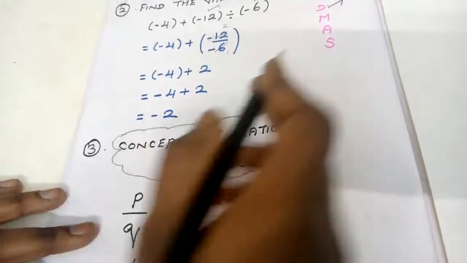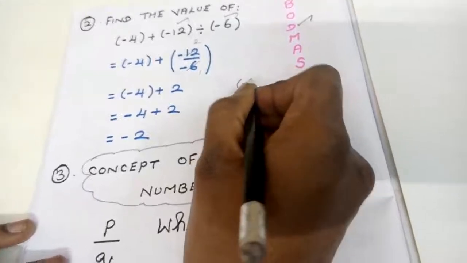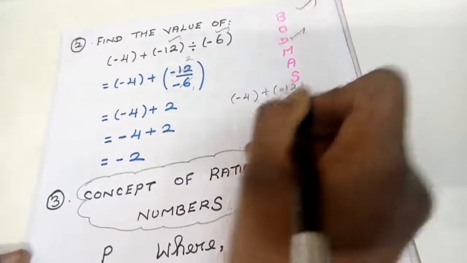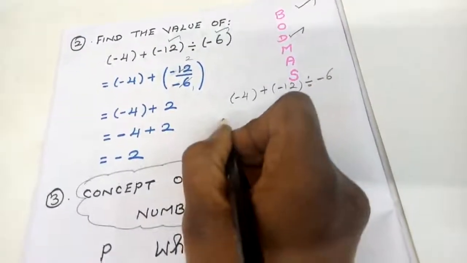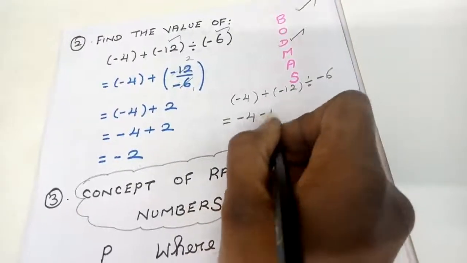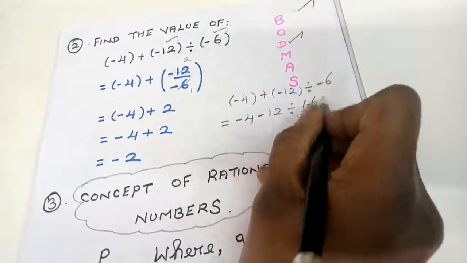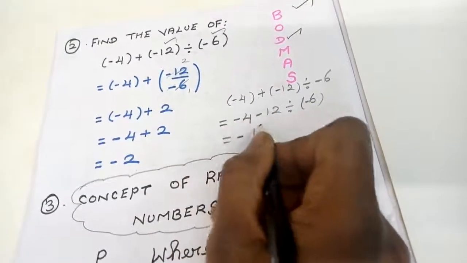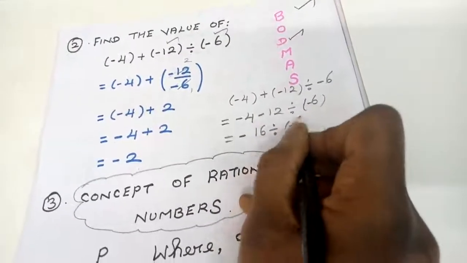Suppose if you do the calculation in this way, that is minus 4 plus minus 12 divided by minus 6. Suppose if you are going to do like this, minus 4 plus into minus minus 12 divided by minus 6. If you are going to add these two values, you will get the value as minus 16 by minus 6.